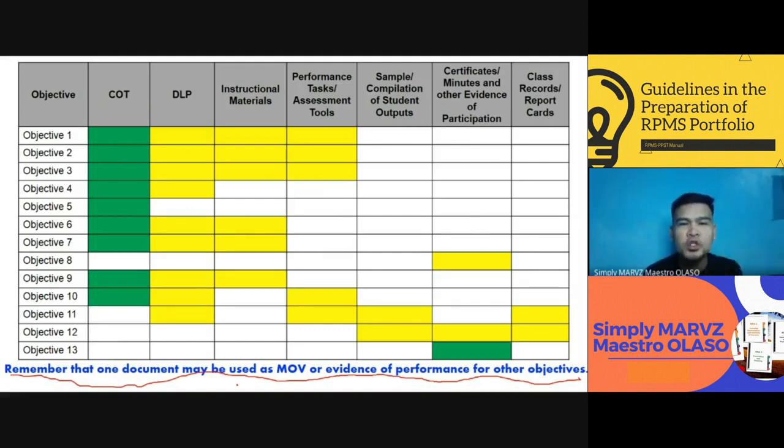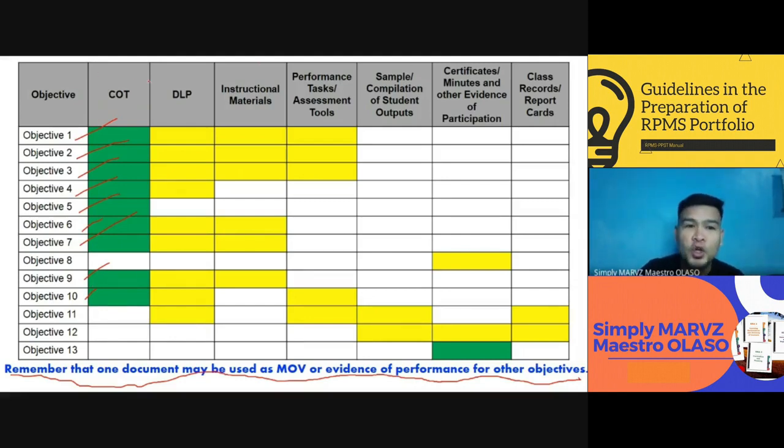Ilalagay mo lang yung COT, lalagyan mo lang ng tab na yung nilagay mo ay COT. And that COT ay can be used na sa ilan. Ayan, ang dami nang pwedeng puntahan. Objective 1, 2, 3, 4, 5, 6, 7, 9, 10. Ino-note mo lang na yung COT na nilagay mong attachment ay pwede nang gamitin doon sa mga objectives na yon.